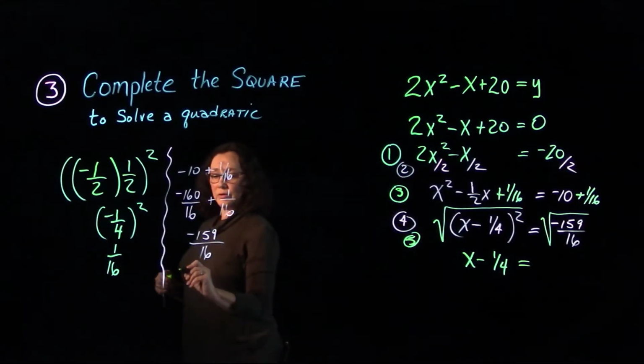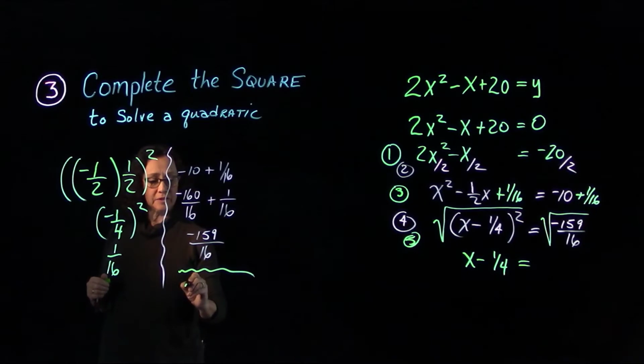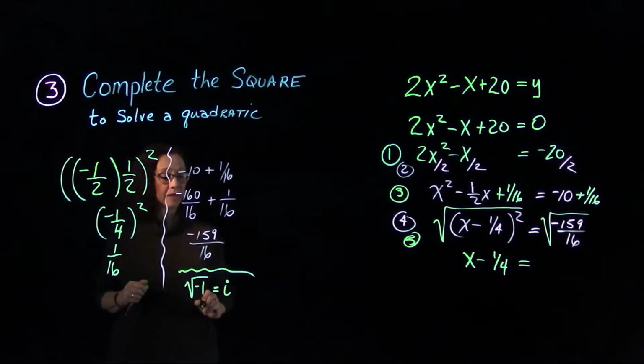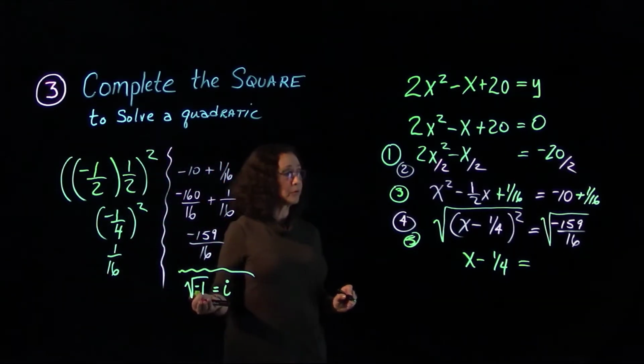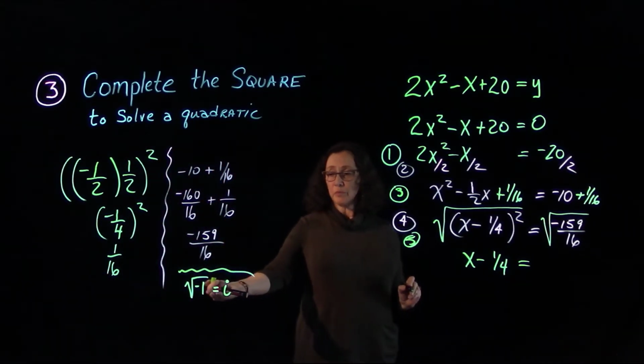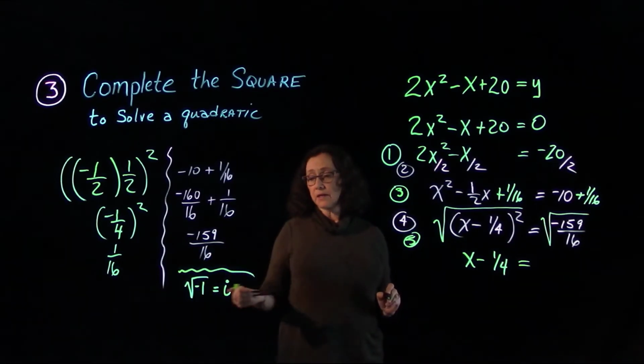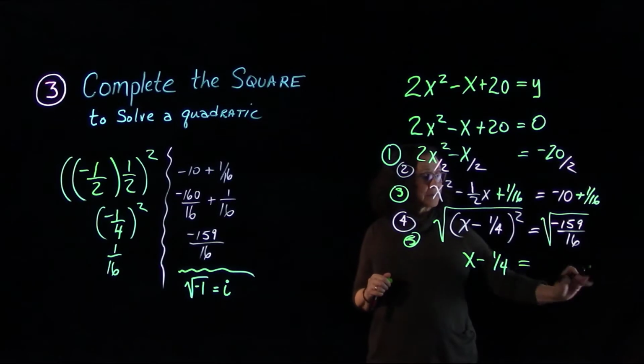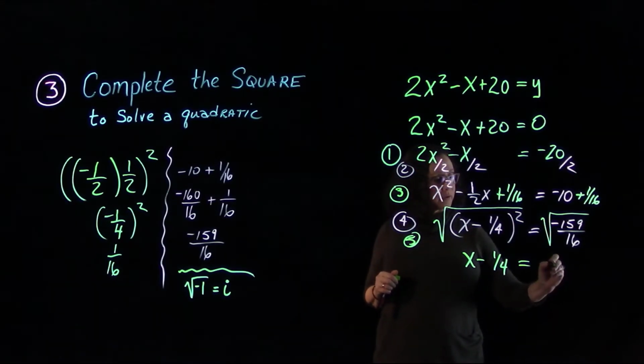One thing that we know is that if we have the square root of negative 1, we use the lowercase letter i to symbolize the square root of a negative number. So we want to pull that square root of the negative 1 out of the square root sign and pull that to the outside. And so that would be our i over here.